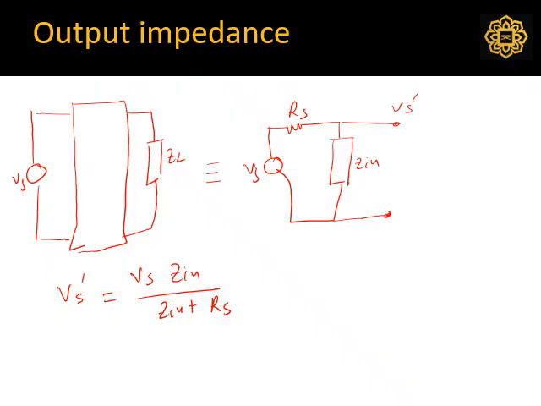Now let's say your Z in is a very high value compared to Rs, so you can just ignore Rs. If you ignore Rs, you eventually end up getting Vs prime equal to Vs. This is what we actually want.